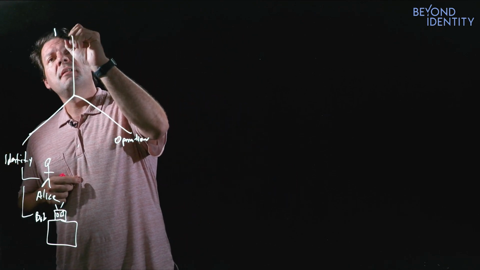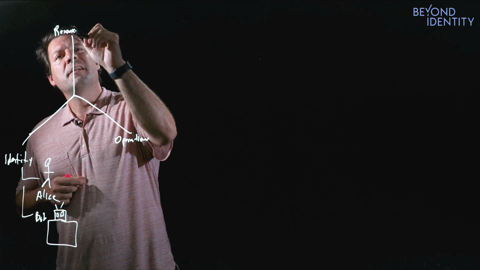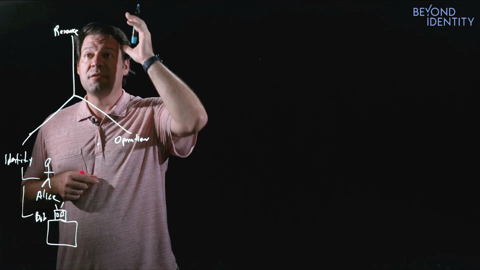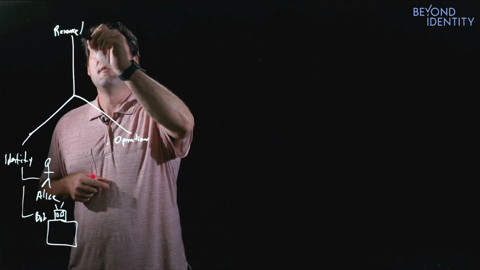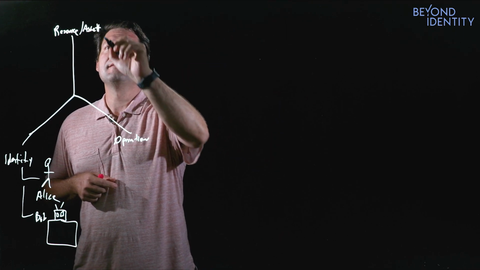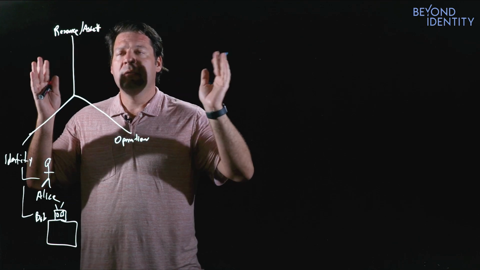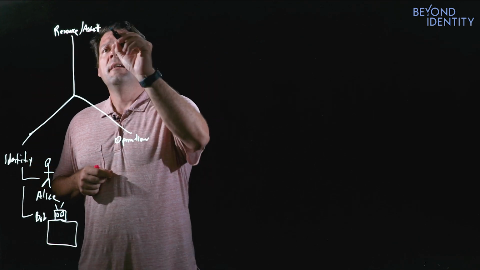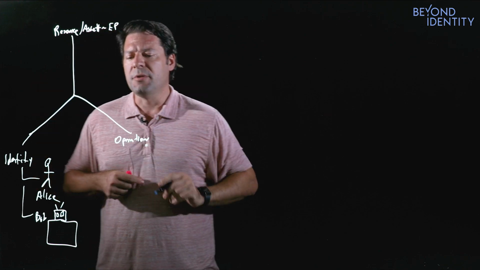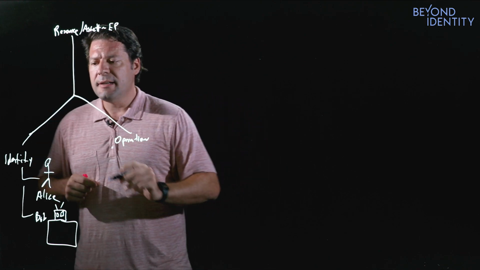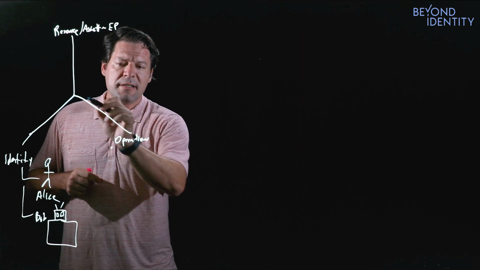And then, of course, our final dimension, using the language from the NIST document, is the resource. Remember, a person can contact a resource. You may have seen this called assets. I think asset has one T, but we already know I'm terrible at spelling. We often call it an endpoint here as well, just for endpoint compute. So again, the way we look at this is, what is the operation?